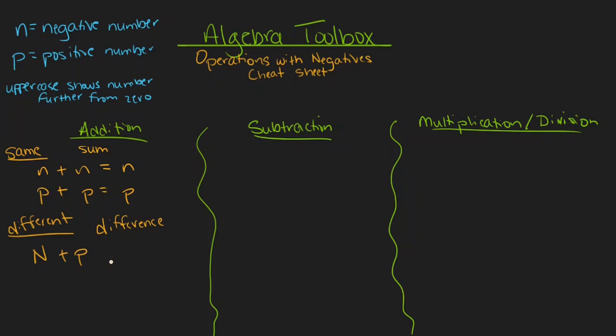And then the sign of the answer matches whichever value in my addition problem was further away from 0. So in this case, since I have a negative number which is further away from 0, I would expect a negative answer whose number, not sign, but just number on its own, is the difference between the absolute value of the negative number and the positive number that we started with.